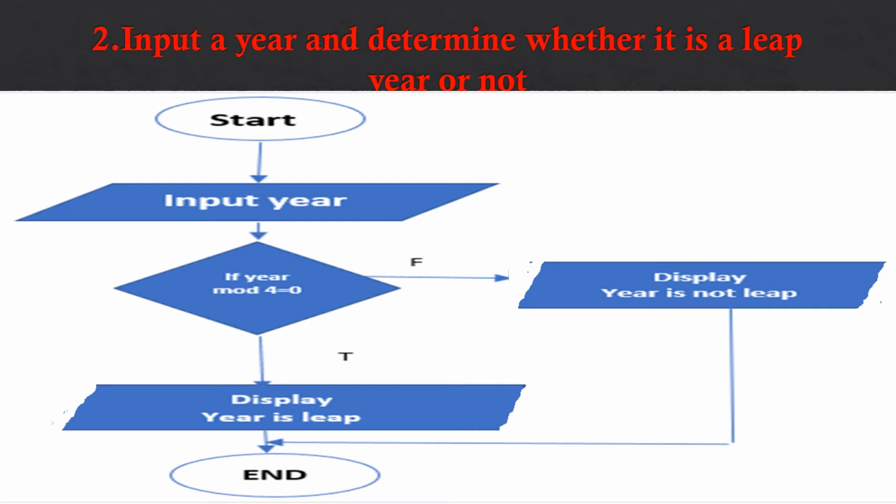If the year is divisible by 4, like 800, 1600, 2000, 2400, these are the years that are divisible by 4. They are leap years. If this decision operator returns the true value, that year mod 4 equals 0, so the remainder equals 0, it will be a leap year. Otherwise it will display that it is not a leap year.